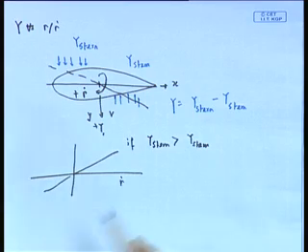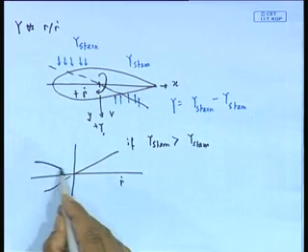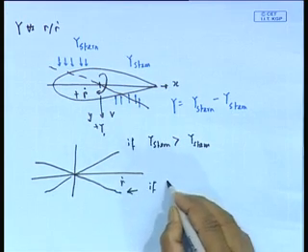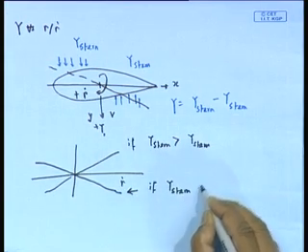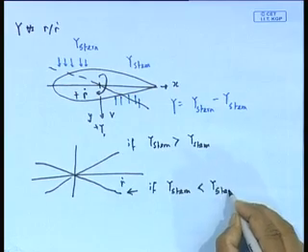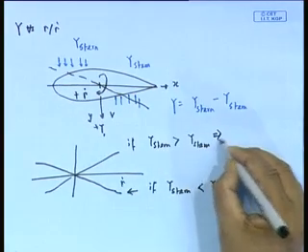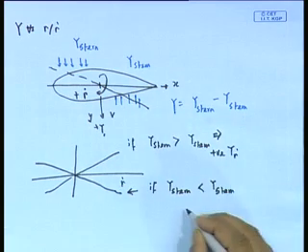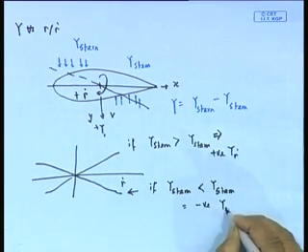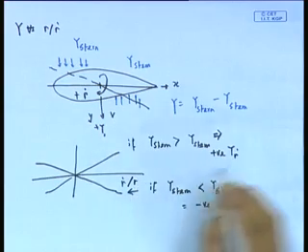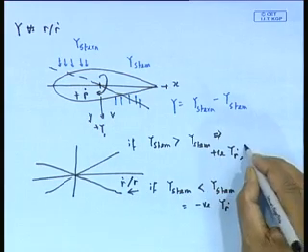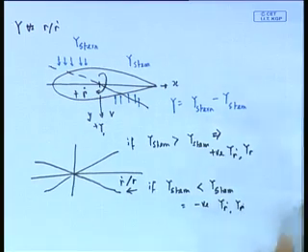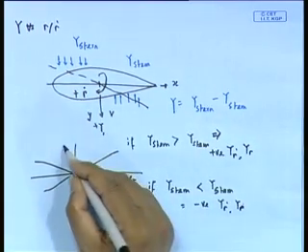But if the opposite happens, it will become like that. In fact, I can make it R dot both. Because now the same thing will happen.